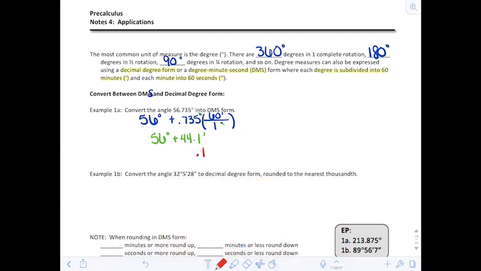So 0.1 minute, as I convert that to seconds, I know that in 1 minute, there are 60 seconds. So that gives me just 6 seconds. So as I convert, I have 56 degrees, 44 minutes, and 6 seconds.